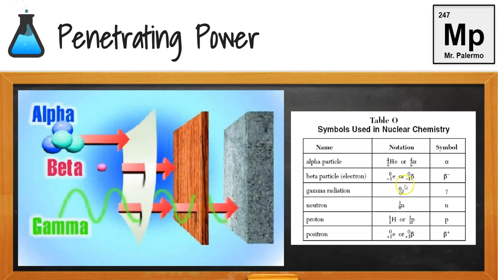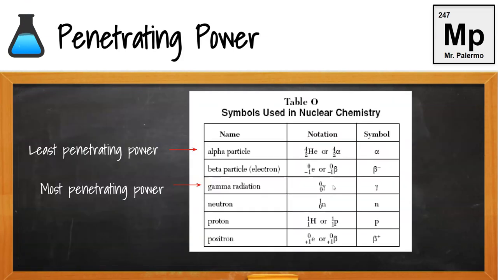And then the gamma, because there is no mass and no charge, is just pure energy and has the greatest penetrating power. We can block gamma radiation with thick concrete or lead. Looking at Table O, to remember this, of the first three, it goes in order: least penetrating power for alpha and most penetrating power for gamma.